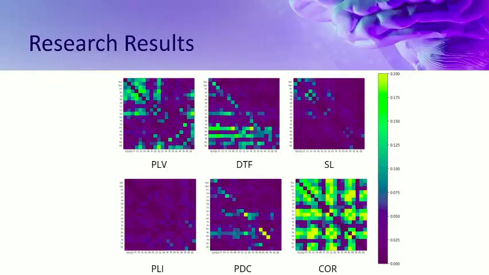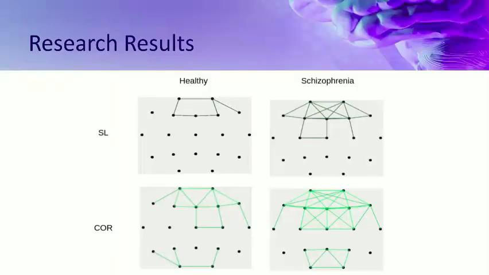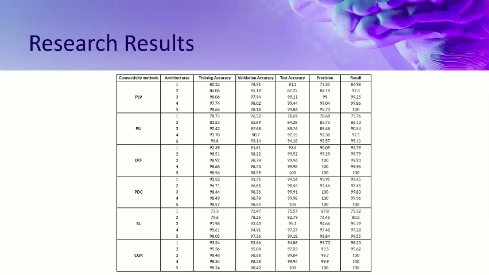So in this we can observe the PLV measure has, as compared to the PLI measure, a very high number of differences between the healthy and schizophrenic classes. And again, DTF, PDC and correlation all have very high differences between the two classes compared to PLI and SL. The same can be observed by looking at the accuracies.